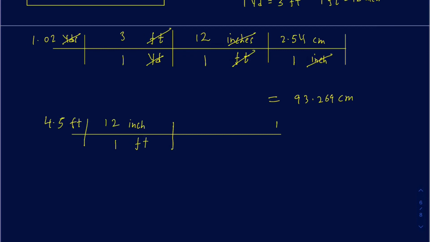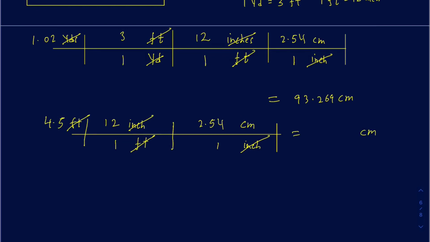And then the inches needs to be converted to the centimeters. So centimeters goes on the top and inches goes on the bottom. And you know 1 inch is going to be 2.54 centimeters. When you place the units accordingly, your feet will cancel out, inches cancels out, and that leaves you with the centimeters there.